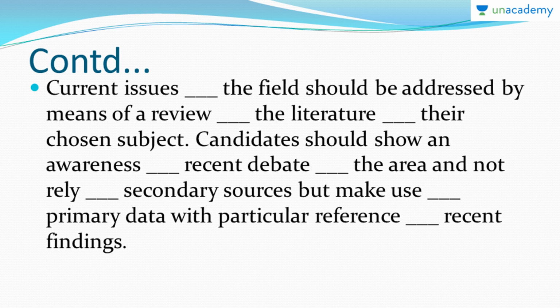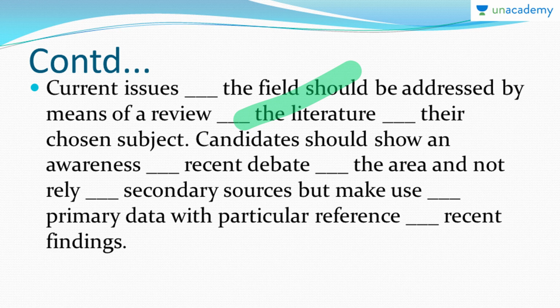Review of what? Of the literature. So the word here will be of. Dash their chosen subject. The review will be done on the chosen subject, which becomes the basis for the literature. The basis points to the preposition on.